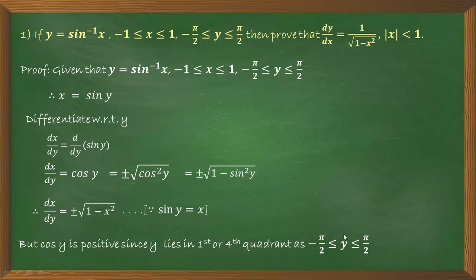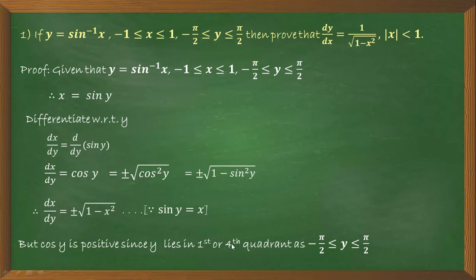You know that up to pi by 2 it is the first quadrant, and minus pi by 2 means the direction is clockwise. If you take that clockwise direction, then up to minus pi by 2 it is the fourth quadrant. So remember, up to pi by 2 is the first quadrant and up to minus pi by 2 is the fourth quadrant.